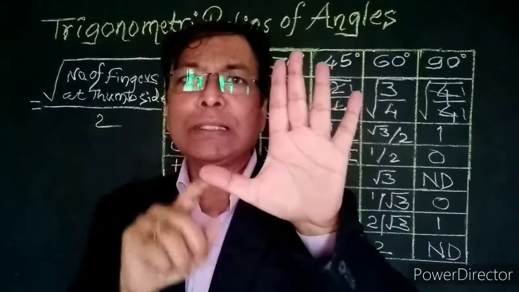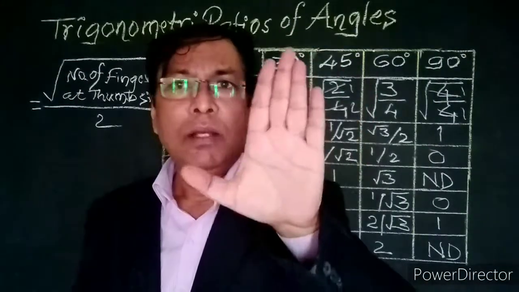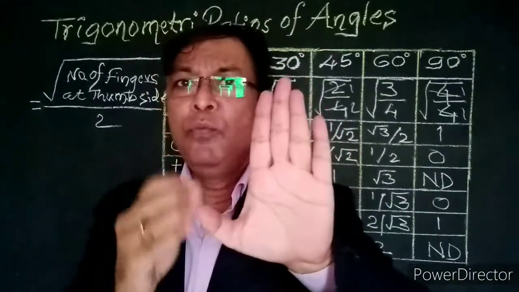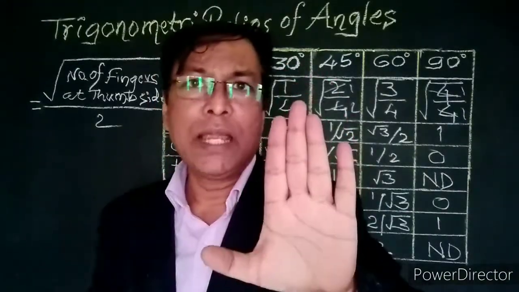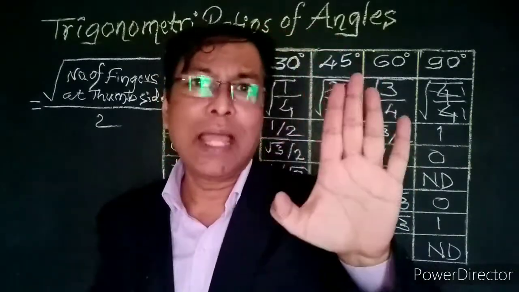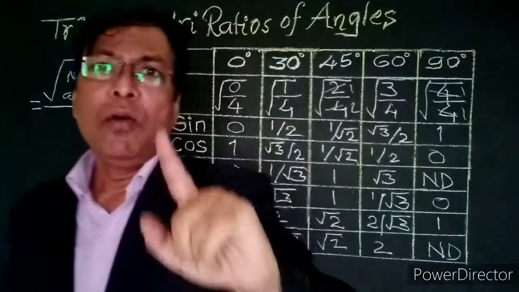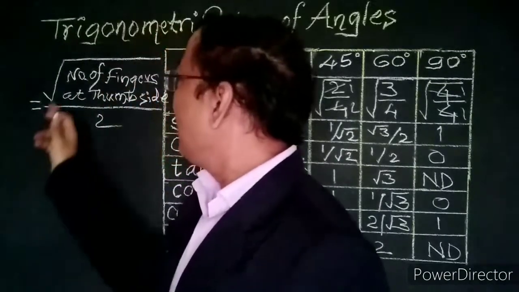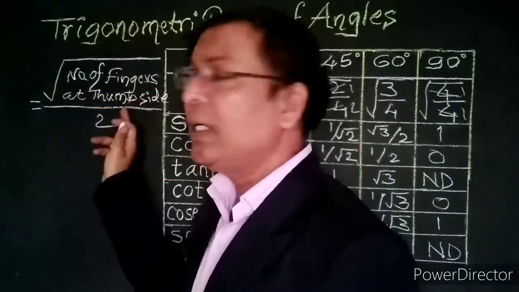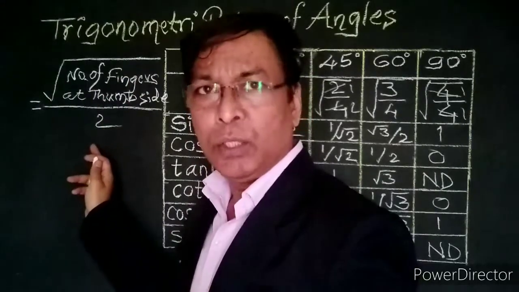Suppose I want sine 0. So now we fold this thumb. Now no finger is at the thumb side. There are 0 fingers at the thumb side. So now we use the formula: square root of the number of fingers at the thumb side, divided by 2.